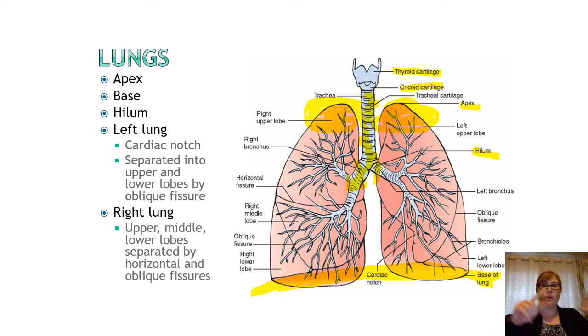So it's the location where the bronchial tube, the pulmonary artery, and pulmonary veins are going to disappear into the lung tissue. All right, so the apex, the base, the hilum, and then we have our left lung, which we already discussed, and we said that there's a cardiac notch built in right here. It's actually kind of like this.